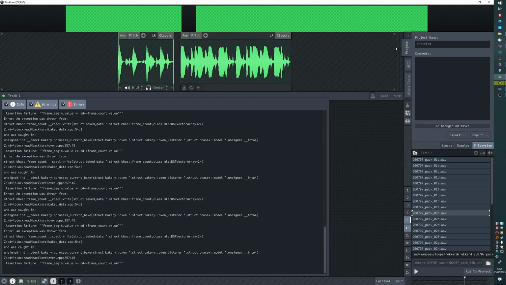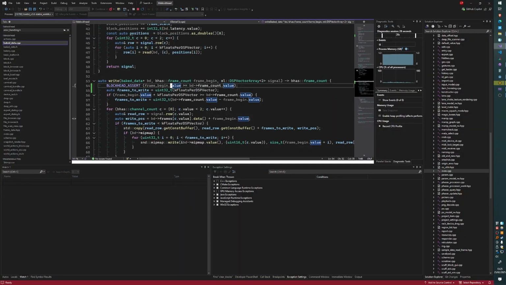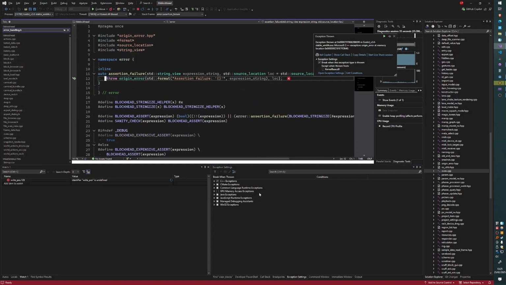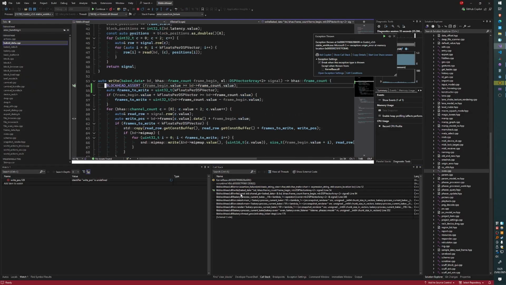Yeah, okay. So why is this greater than or equal to this? How do we get to this position? Oh, look at that. Whoa, wait. I don't trust this.